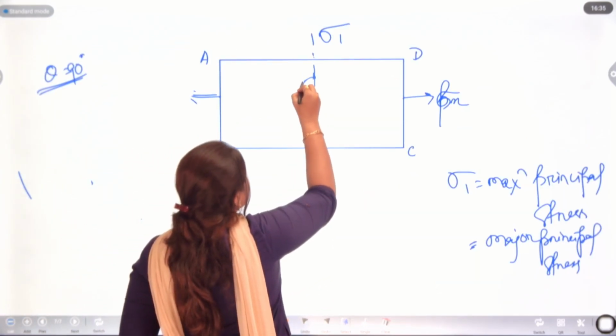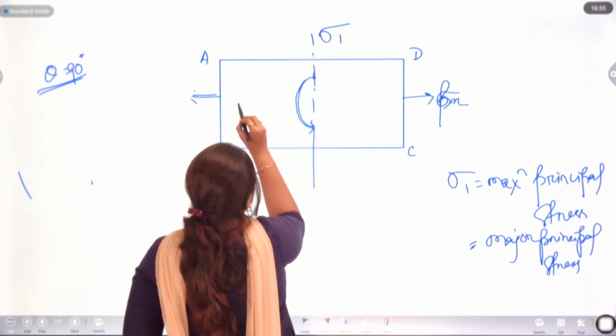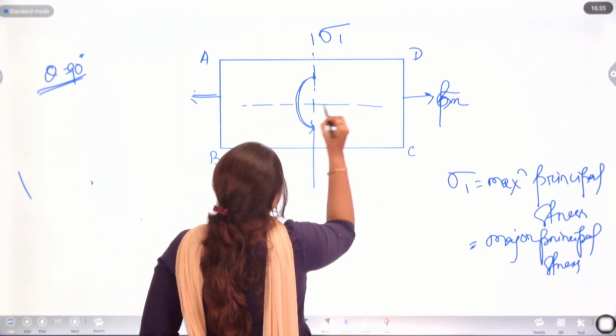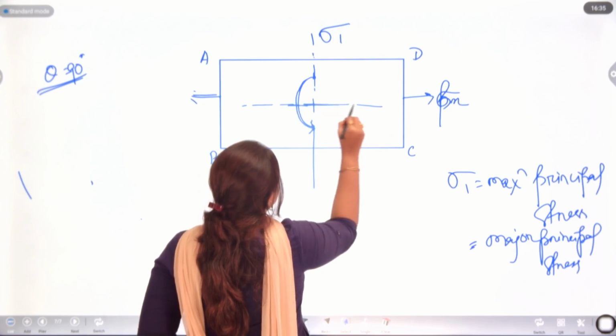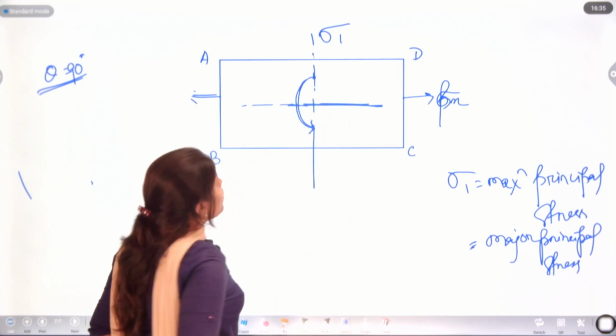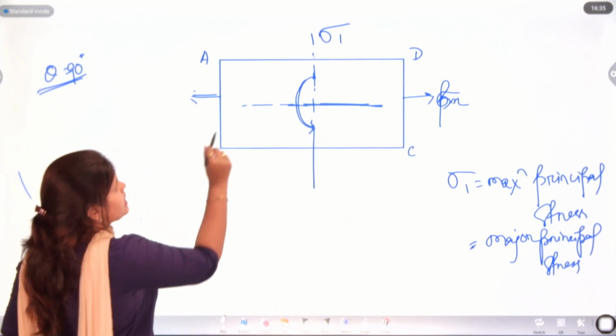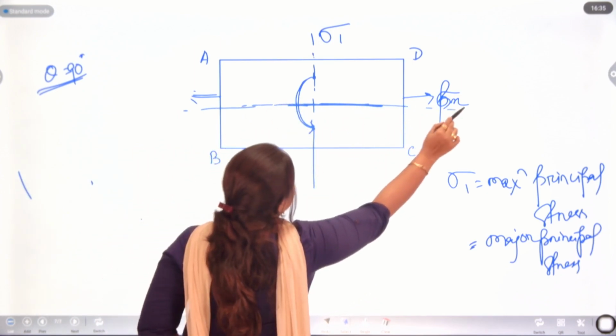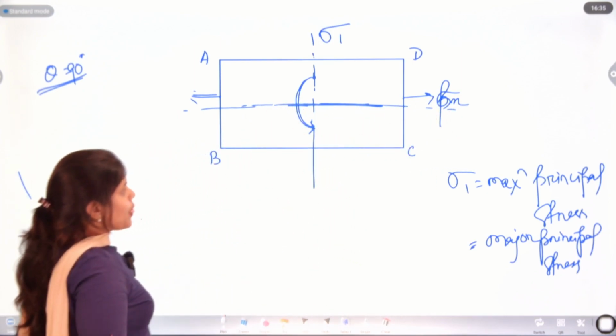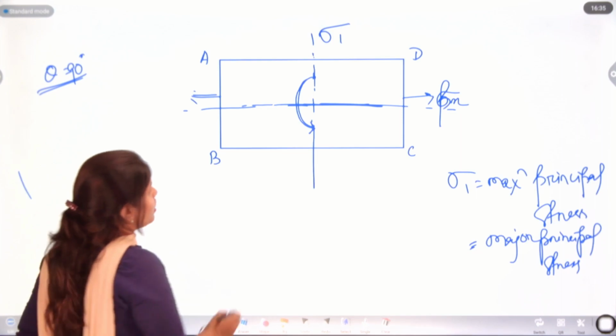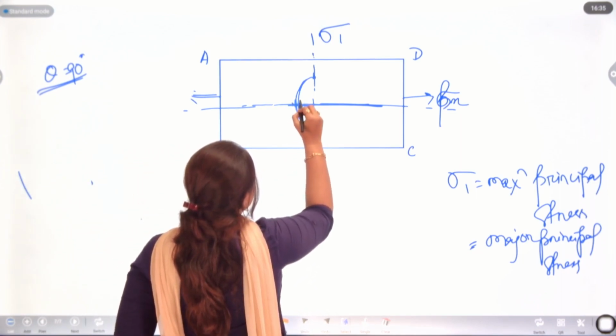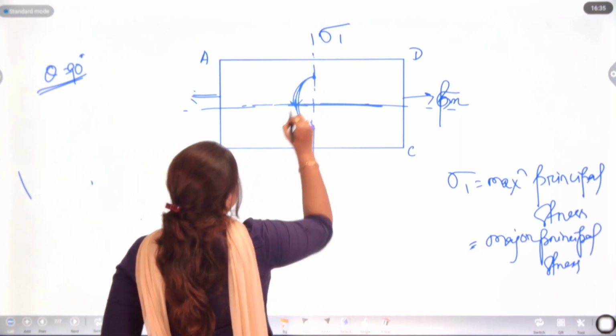If it moves in this direction, theta equals 90 degree will be here. So, if we cut this object horizontally, there will be no stress. The action of stresses will be 0 here.